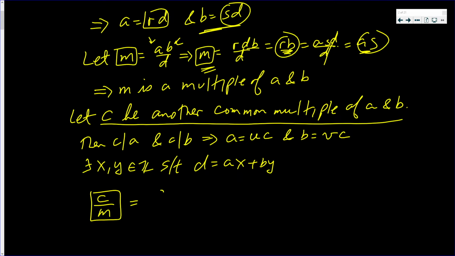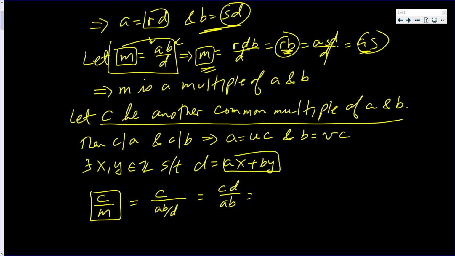So this is equal to C divided by M. And right here, we said M is AB over D. Well, that's the same as CD over AB. And D, I can write that way. It's still C times D, just going to write D differently over AB. I will distribute.